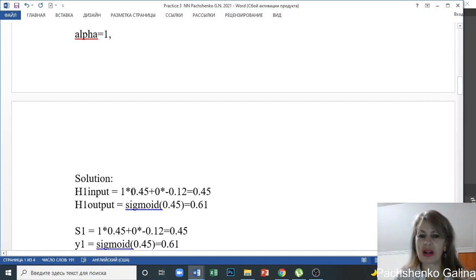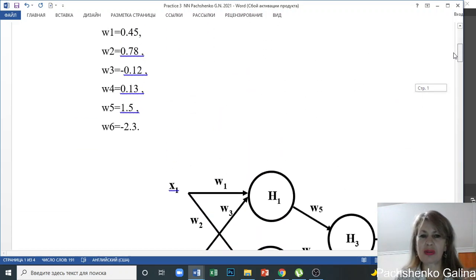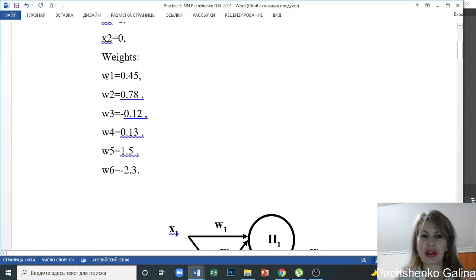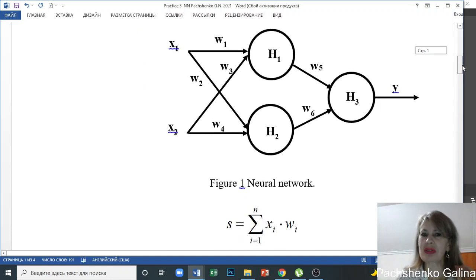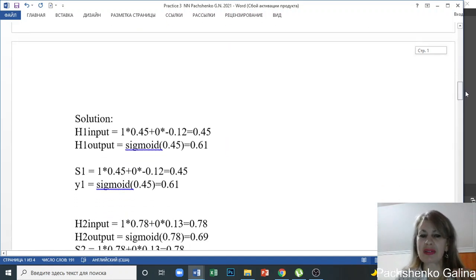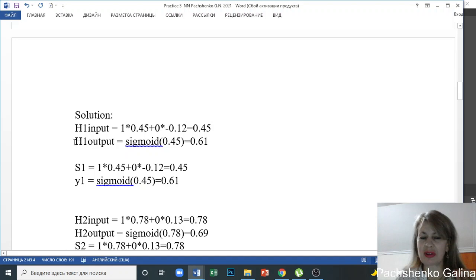Let's check this value and this value. Let's check w1 and w3. Yes. So we find the sum function and then we apply the sigmoid function to this number, and we'll take this number.